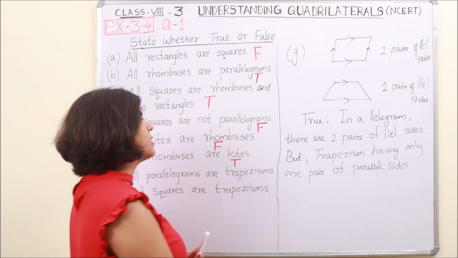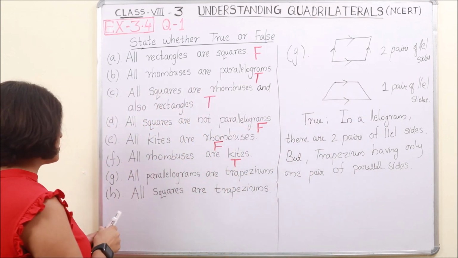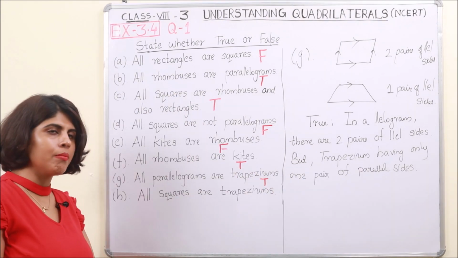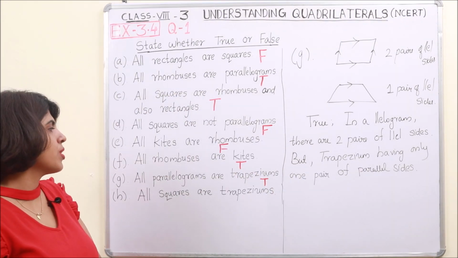Therefore, the statement is true. Last statement, all squares are trapeziums.